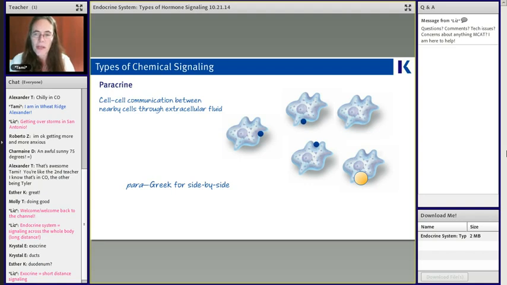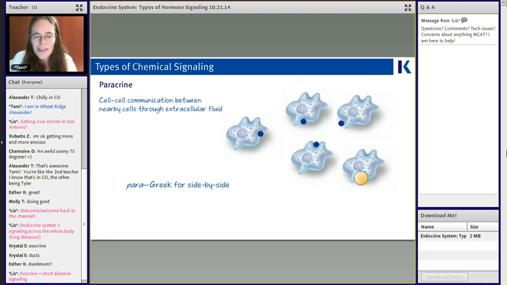And they're being told, hey, we need to have an inflammatory response because we have an allergen here. This is all about proximity of the cells. Okay, they need to be fairly close to each other. So this is a great example, thinking about an allergen within our body, histamines, and then that inflammatory response. So paracrines are right next to each other, or very close to each other.